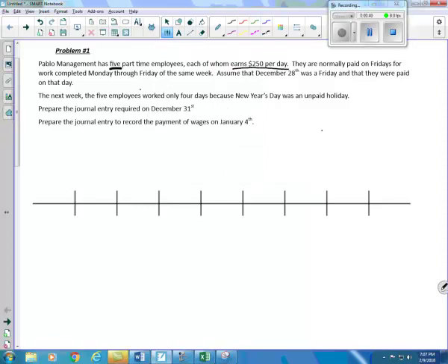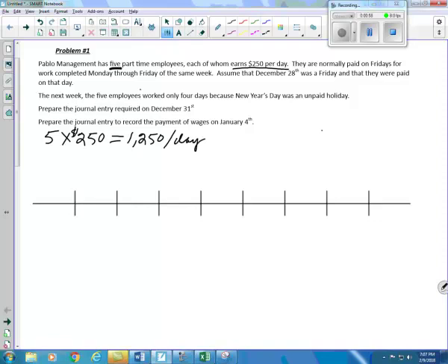So right now I'm going to do a little bit of math. I know I have 5 employees, and they're going to earn $250 each per day, so that's a total of $1,250 a day for all 5 employees.